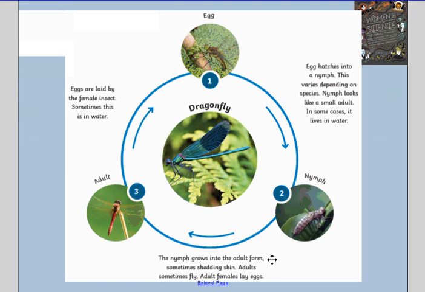So as it grows into an adult, they often shed their skin, and the adults are sometimes able to fly, which is a difference in the dragonfly. The nymph is unable to fly, can live in water, but the adult grows wings and is able to fly. So there is still a change, but it's not a complete change. We can still recognise the dragonfly in its young.